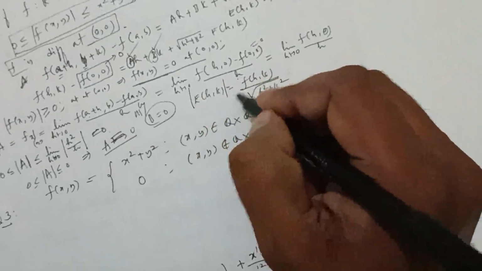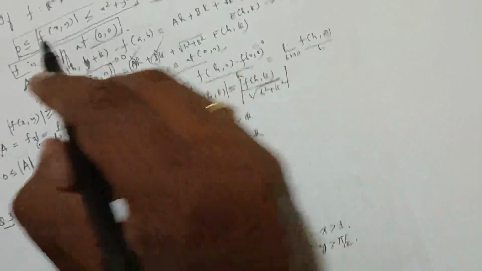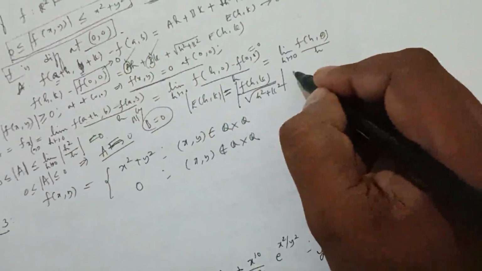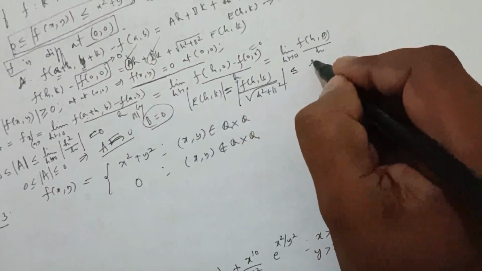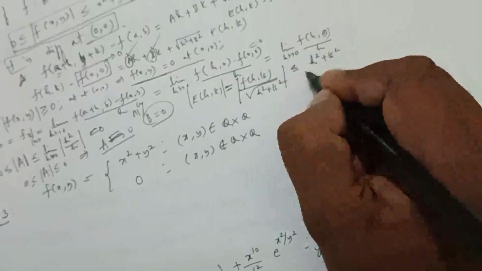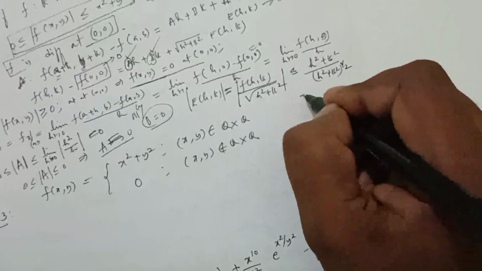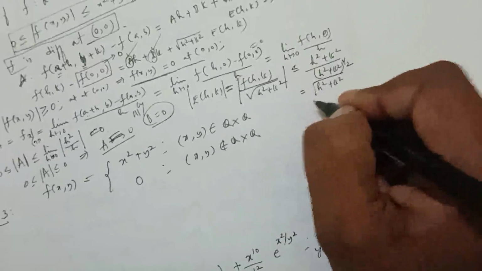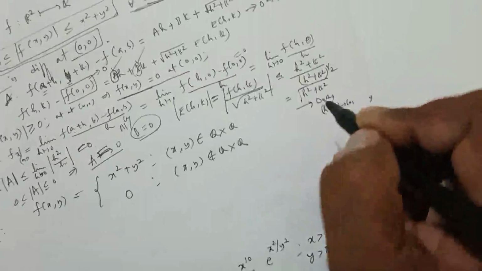See, we don't know exactly what the value of this f is. That's why we are always trying to approximate. Since we know the value of f of x comma y is lying between 0 and x square plus y square, this is less than or equal to h square plus k square by half, which is h square plus k square within the square root, and this tends to 0 as h comma k tends to 0 comma 0.